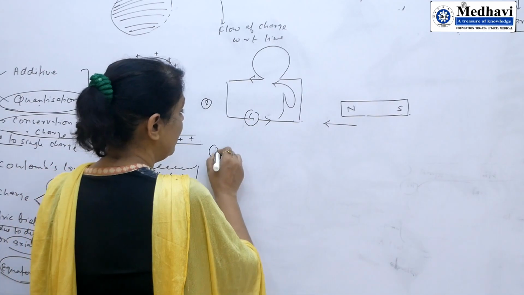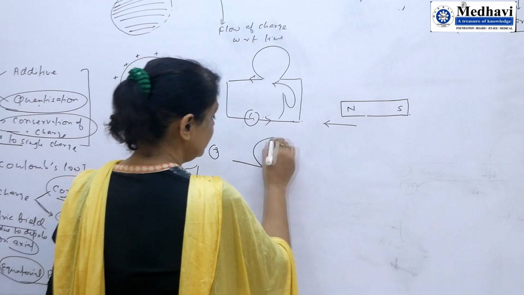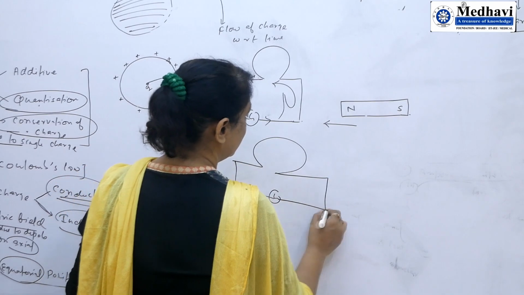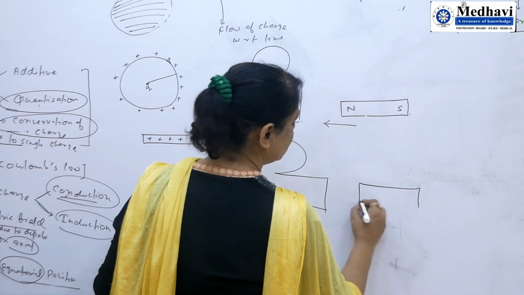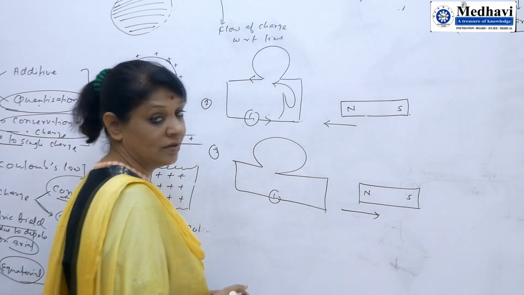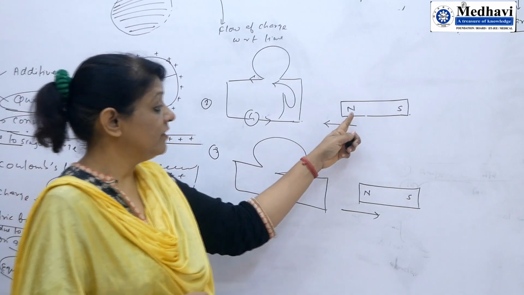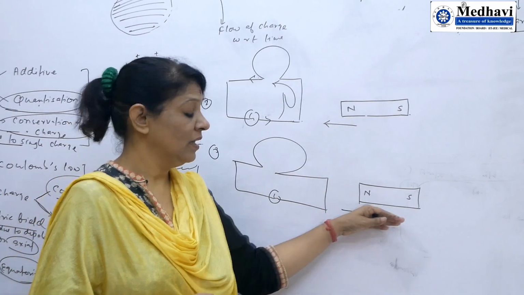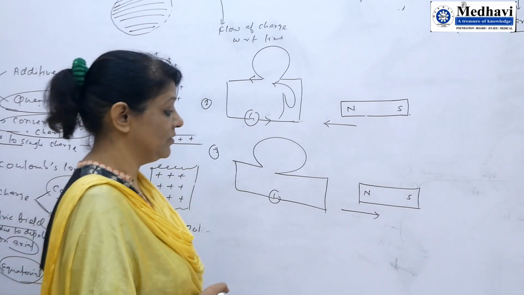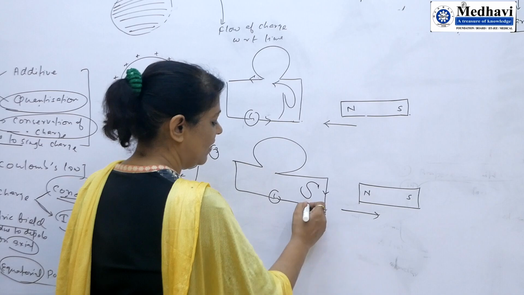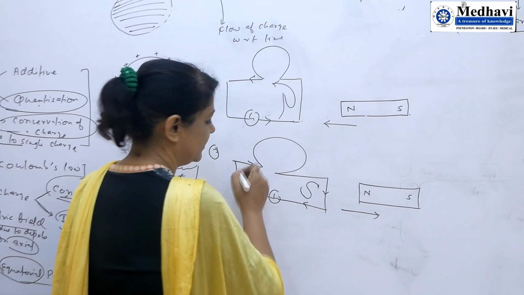In the third experiment, he moved the bar magnet away from the coil. Here the bar magnet with its north face is moving towards the coil; here it is moving away from the coil. He observed that the current flows in the clockwise direction.